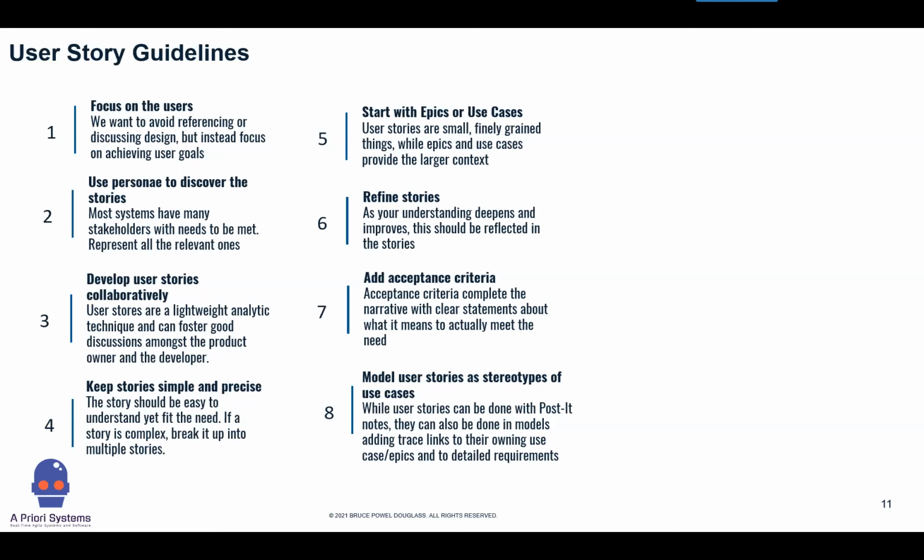Refine your stories as your understanding deepens, refactor the story and add more detail to it. Be clear about what it means to succeed. So I understand your acceptance criteria. I model these as stereotypes of use cases, as I mentioned before. It's not the only way to do it, but I find it a very useful way to do it.